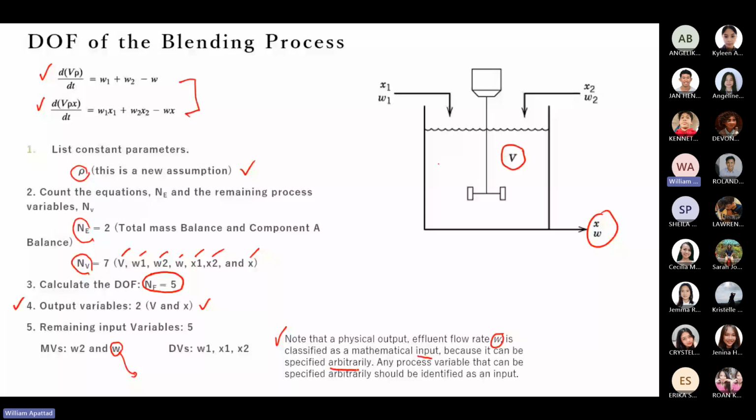Anong ibig sabihin ng arbitrarily? With no specific reason. So parang pinili lang ni Seborg ang W as a mathematical input for no specific reason.